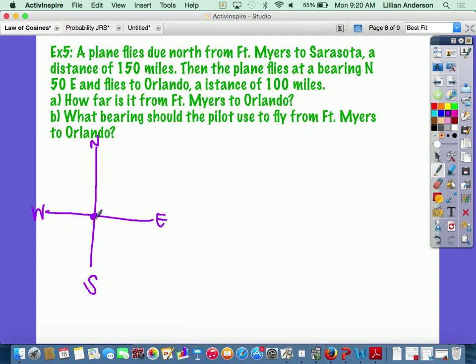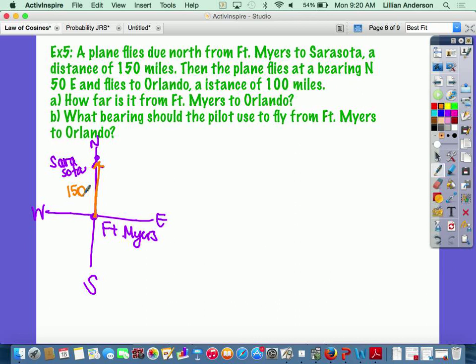So if I wanted to make a picture to represent the situation, I'm starting at Fort Myers, and I'm flying north to Sarasota. Then it says a distance of 150 miles. So I traveled 150 miles flying north to Sarasota.